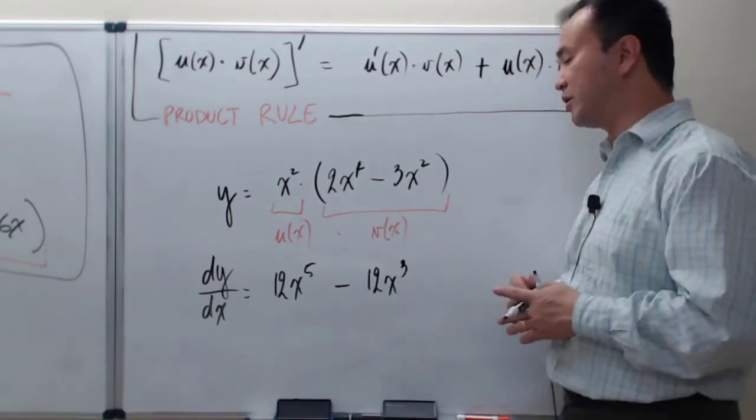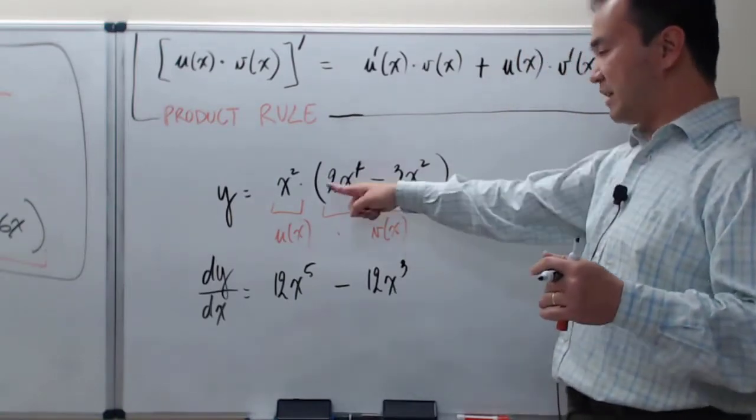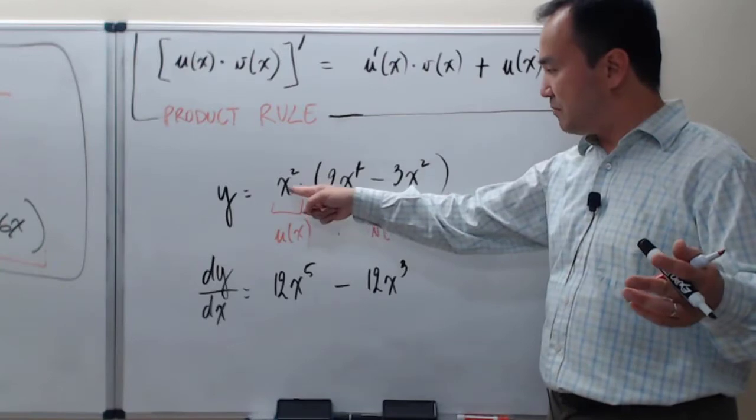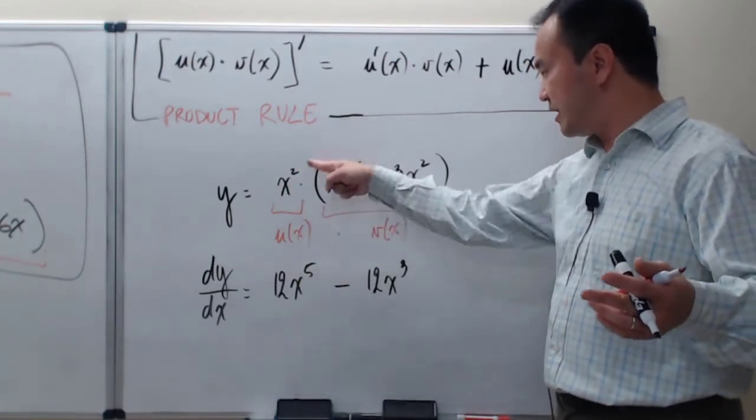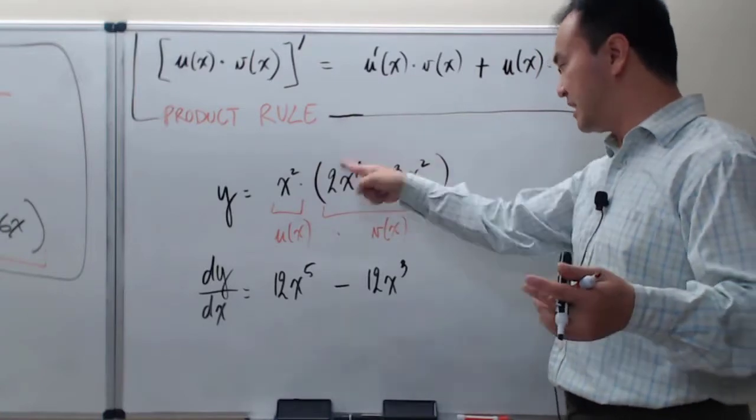That's what we found earlier. As a quick reminder, what we did there was multiply before we took the derivative. We multiplied the x squared into each term of our lengthy sum right here.